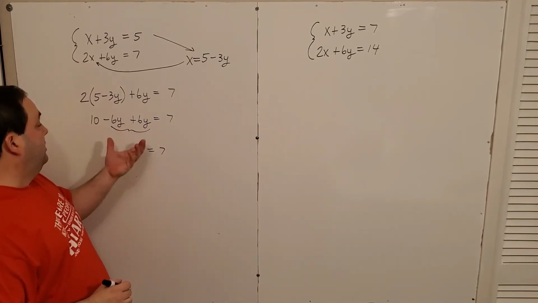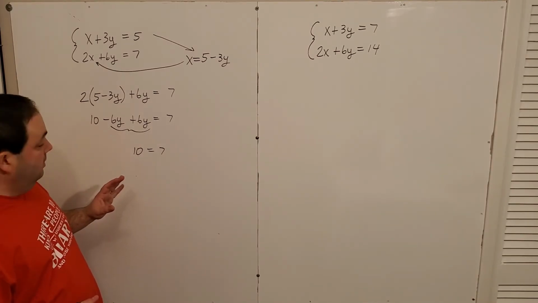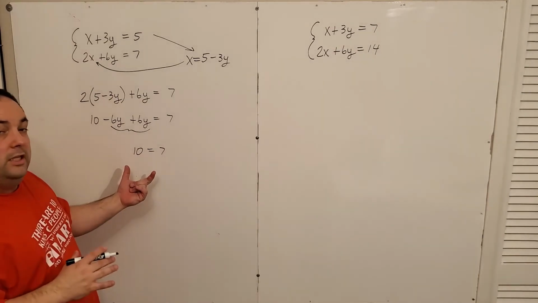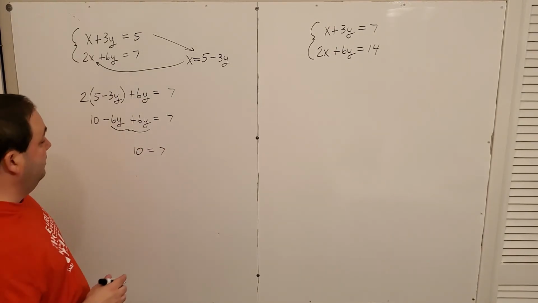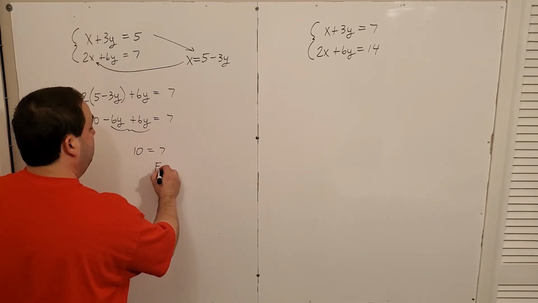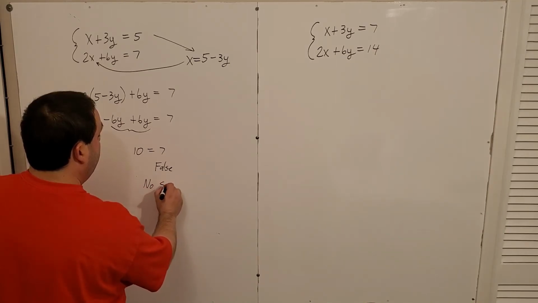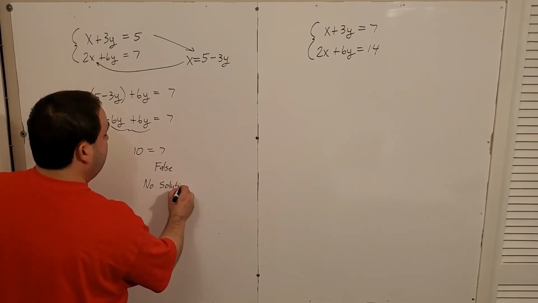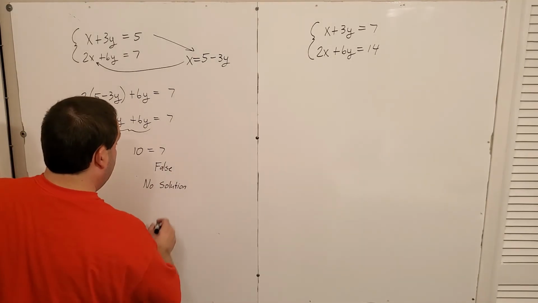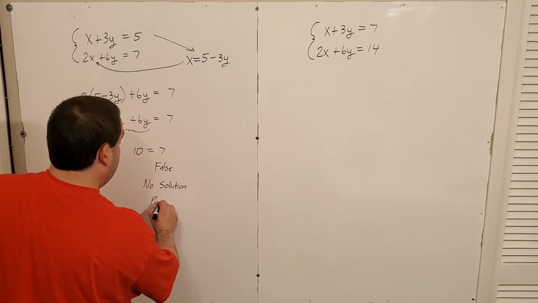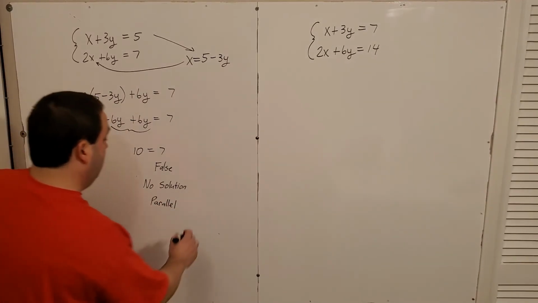So what's going to happen is in either of these cases, all of my variables are going to go away, and what I'm left with can either be completely true or completely false. As you can see, 10 does not equal 7, and this is false. So what this means is there's no solution. And of course, for a system to not have a solution means the lines never intersect, right? Parallel is the prognosis on that one. Parallel lines.